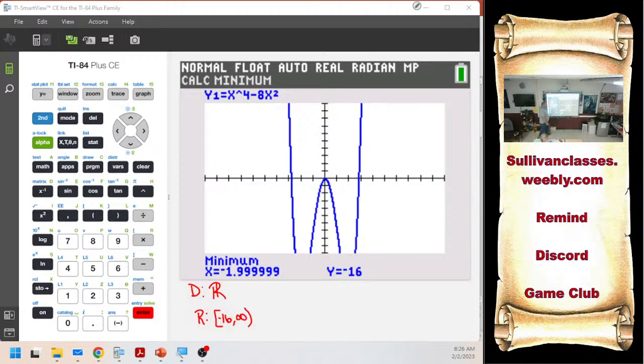If I'm looking for x and y intercepts, x-intercept, I set it equal to 0 and solve. X to the fourth minus x squared equal to 0, GCF. And I get, oh, there's an 8 in there. That's right in front of my face, too. x to the fourth minus 8x squared equals 0.